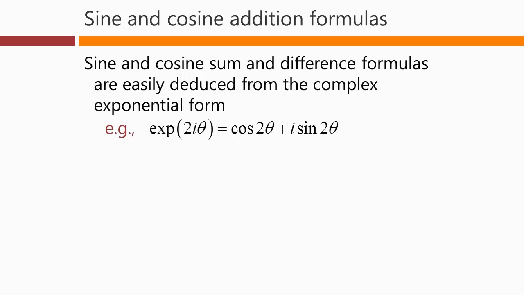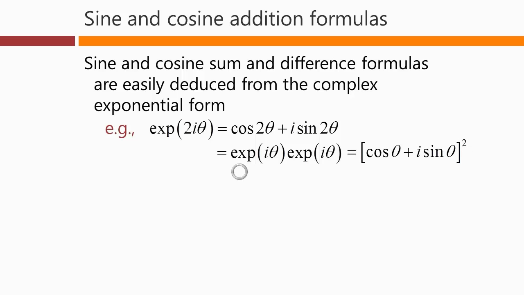For example, if we take the exponential of 2I theta, then using Euler's formula, that's cos of 2 theta plus I times sine of 2 theta. But also it is exponential of I theta times exponential of I theta. And that means it is also cos theta plus I sine theta, squared. I'm just multiplying this number by itself.